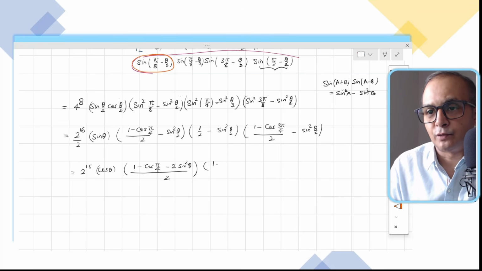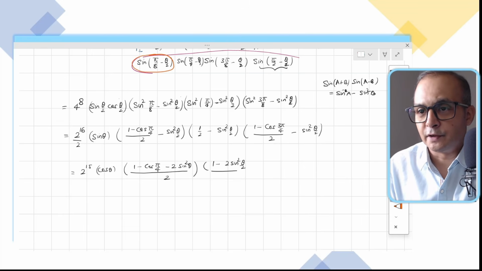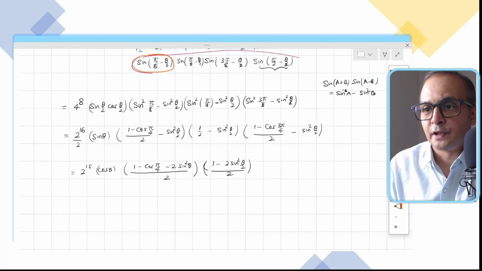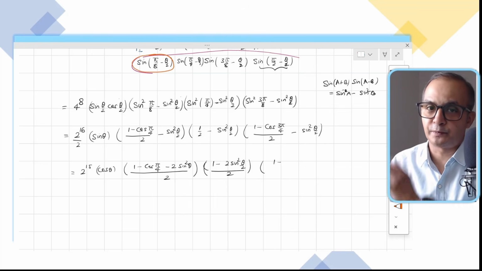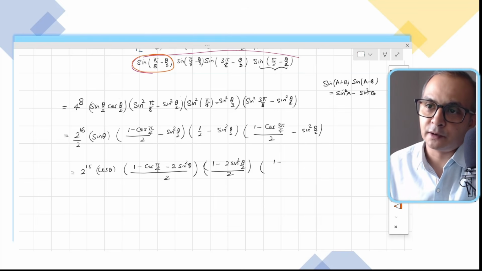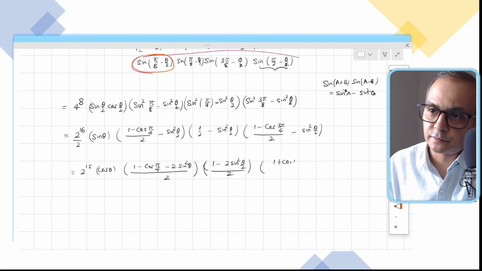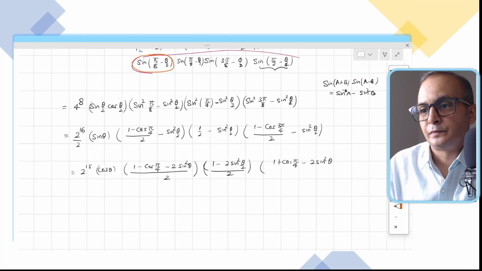Similarly, this I can write 1 minus 2 sine square theta by 2 divided by 2. And this is also 1 minus cos 3 pi by 4, which will become cos of pi minus pi by 4. That will become 1 plus cos pi by 4. And minus 2 sine squared theta by 2 divided by 2.